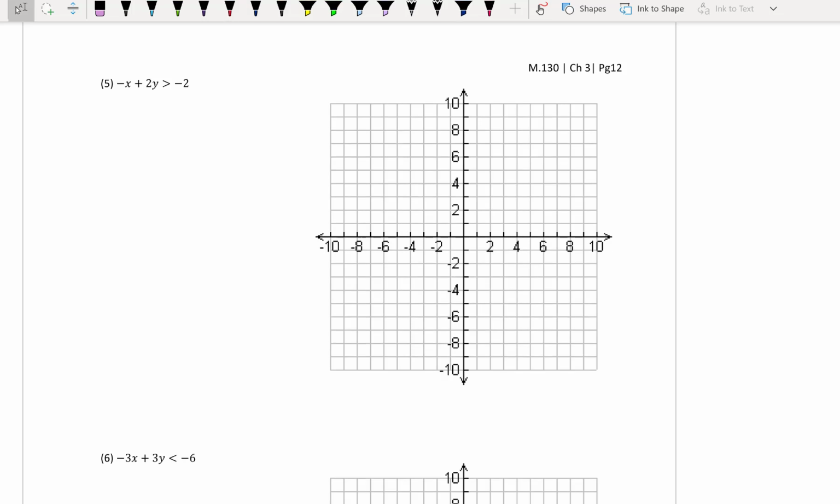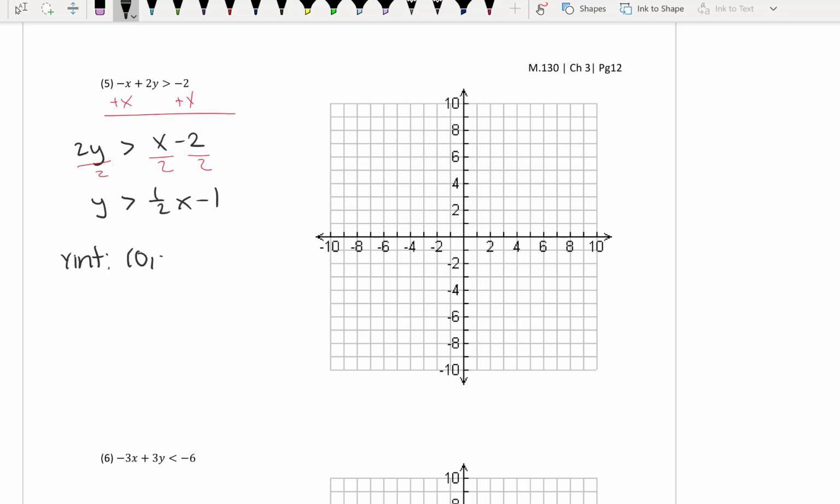Now for number 5, I want to get the y by itself, so I'm going to add x to both sides. So I have 2y is greater than positive x minus 2. From there, I'm going to divide every single piece by 2, so that y is greater than 1/2 x minus 1. So my y-intercept is 0, negative 1, and my slope is 1/2. So that means I'm going to go up 1 and to the right 2.